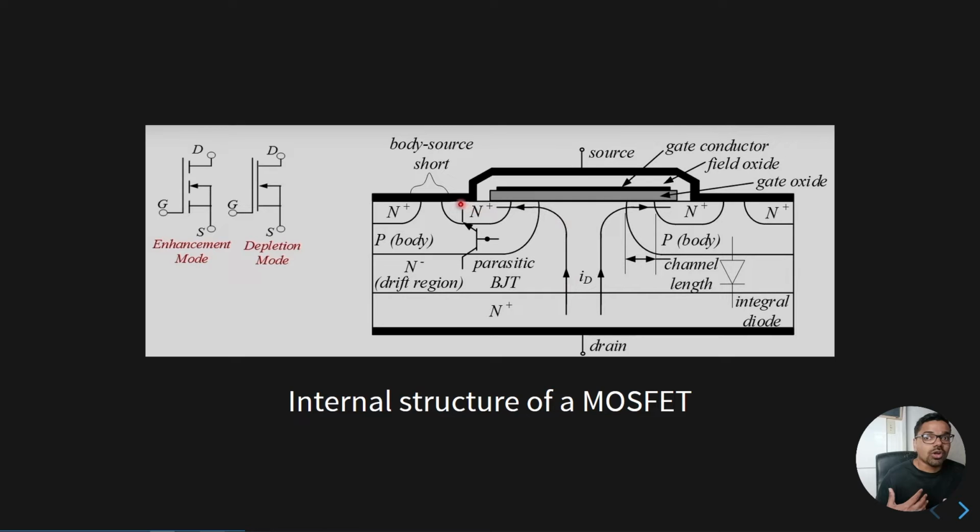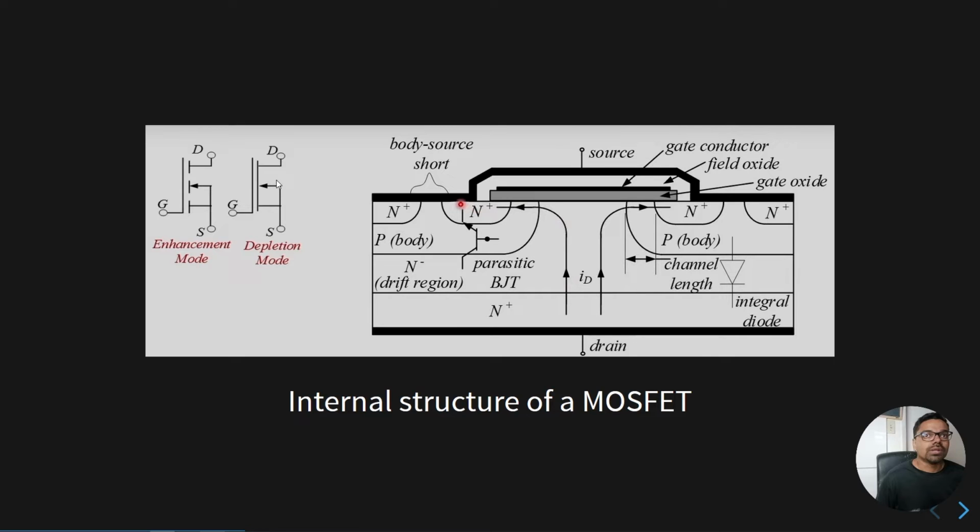The symbol is slightly different as well. There's an isolation between the terminals here, whereas in a depletion mode, there is no isolation. Most MOSFETs you're dealing with will be enhancement mode, and the MOSFETs I showed you earlier in this video are all enhancement mode MOSFETs.